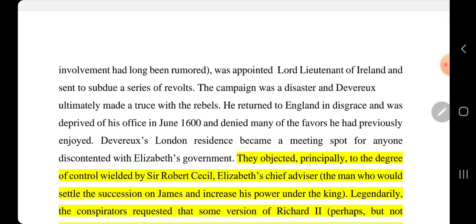The campaign was actually a disaster, and Devereux ultimately made a truce with the rebels, and he returned to England in disgrace, feeling very ashamed. He was deprived of his position in June, and he was also denied many of the favors he had previously enjoyed.